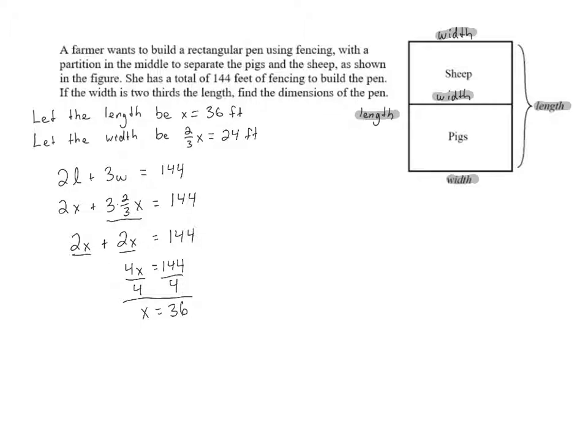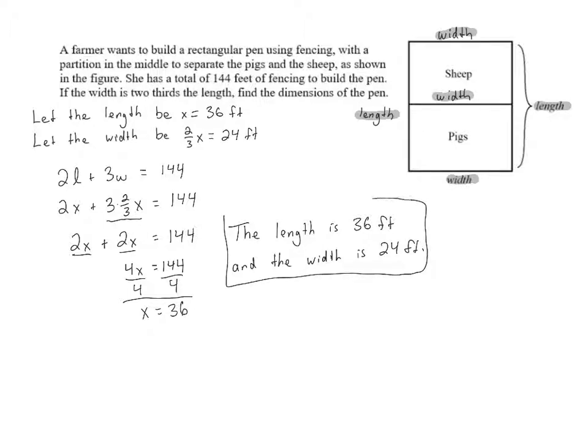So the width is 24 feet. When they ask us to find the dimensions of the pen, we can conclude the length is 36 feet and the width is 24 feet. And that is our final answer.